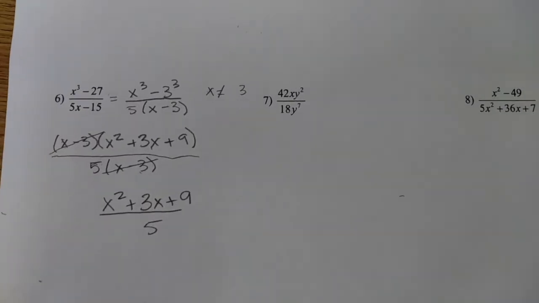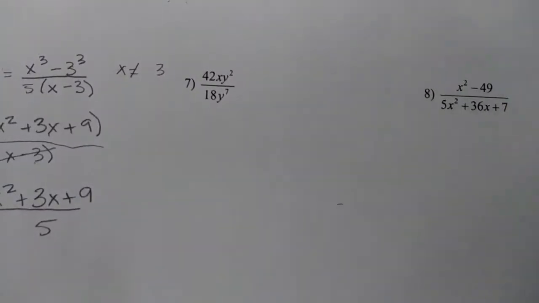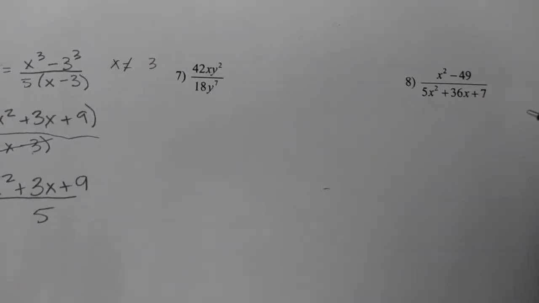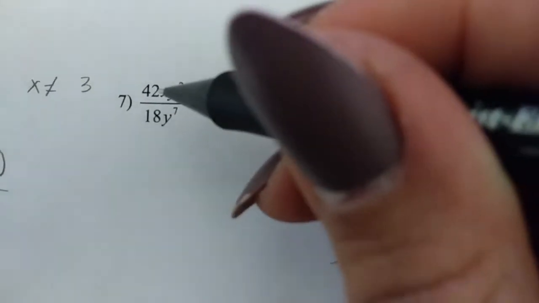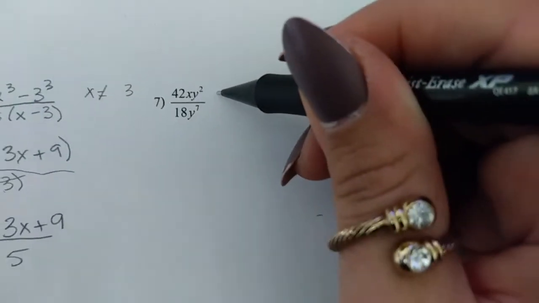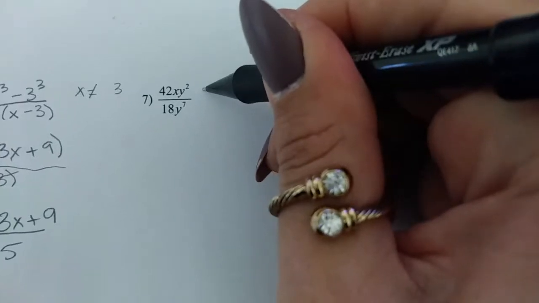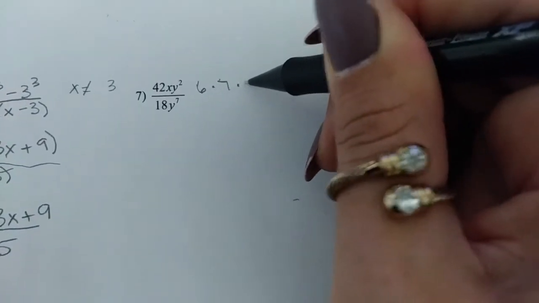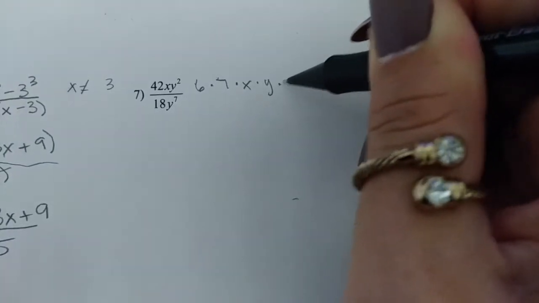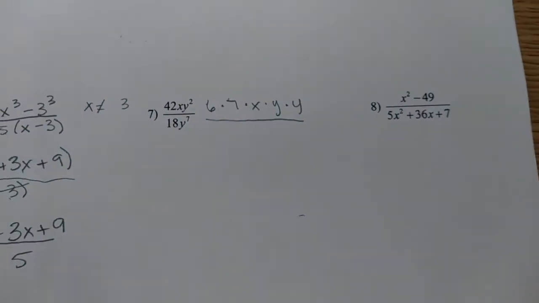Now, moving on to example 7, we have 42 times xy squared. So we're going to factor this out, and we're going to say 42 is 6 times 7 times x times y, all over 18.